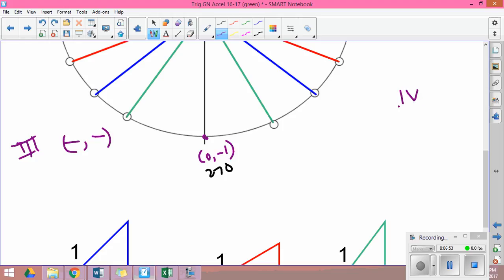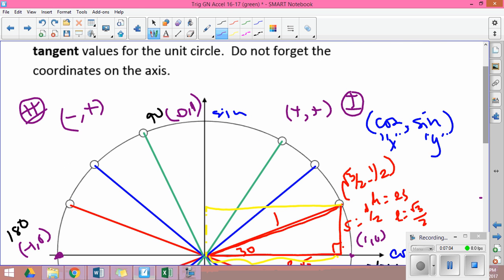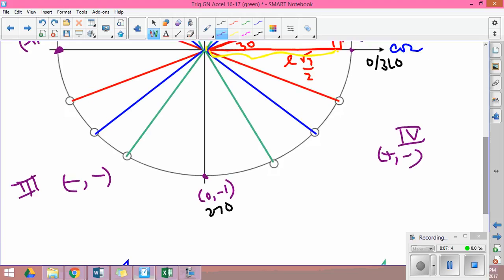And in quadrant 4, x's are positive, y's are negative. That tells us what our sine and cosine values are. Positive, positive, cosine, sine. Cosine is negative in quadrant 2, sine is positive. Both are negative in quadrant 3, and in quadrant 4, cosine is positive, sine is negative.